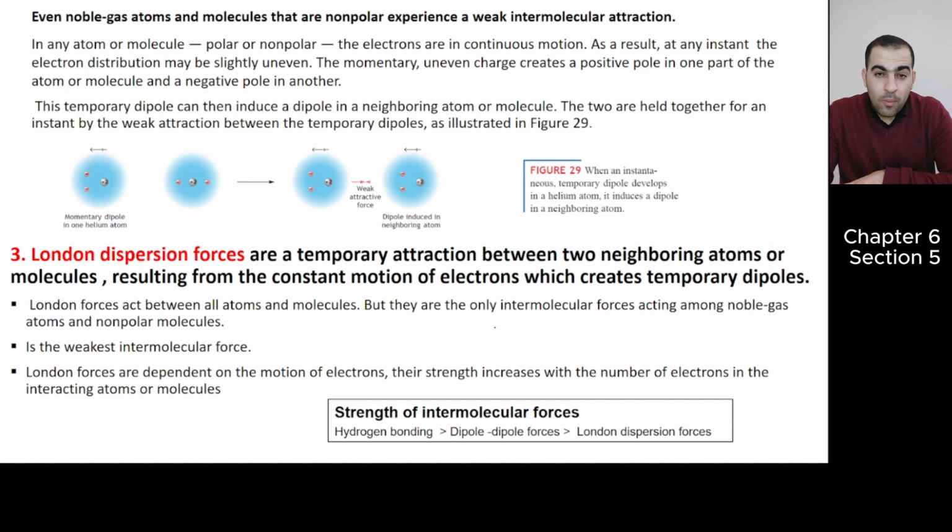guys, even noble gas atoms and molecules that are not polar experience a weak intermolecular attraction force. You might say noble gases don't make any attraction, they don't bond. Is there any attraction between them? Yes, we call it London dispersion forces. How does that happen, guys?